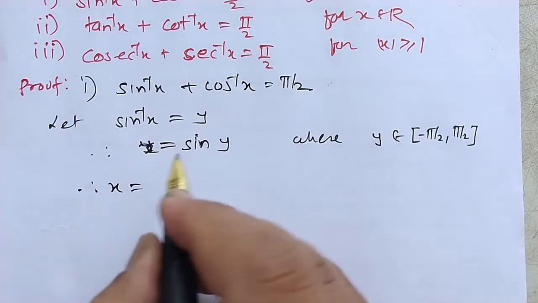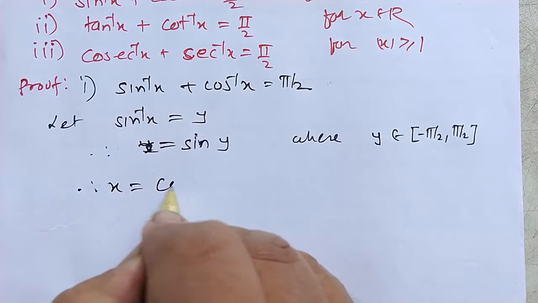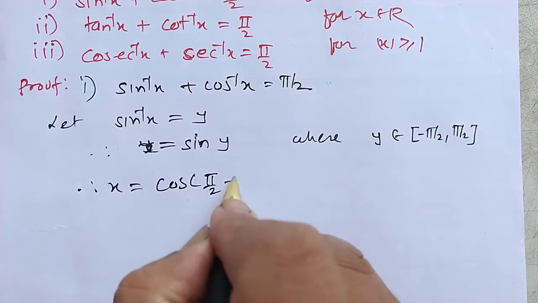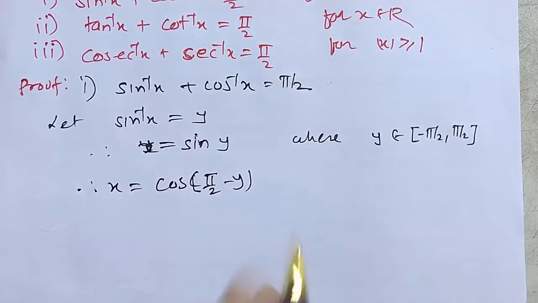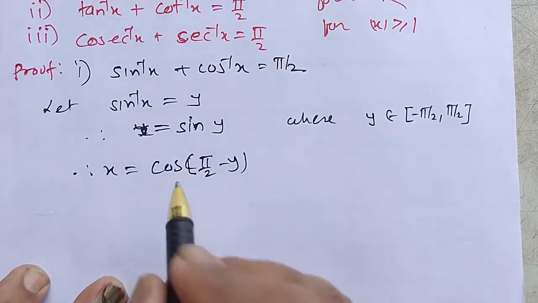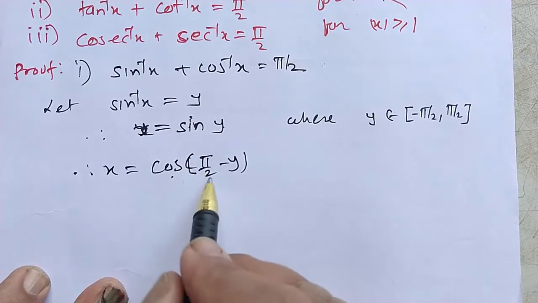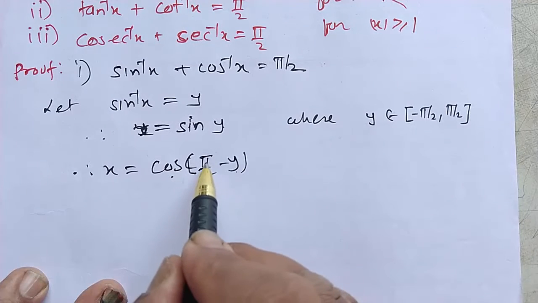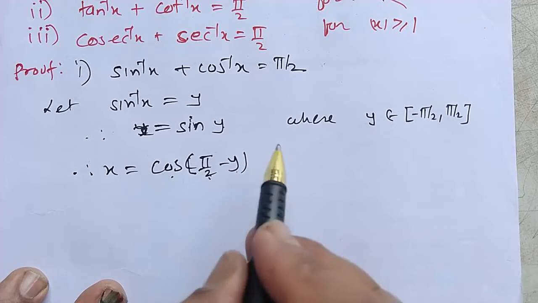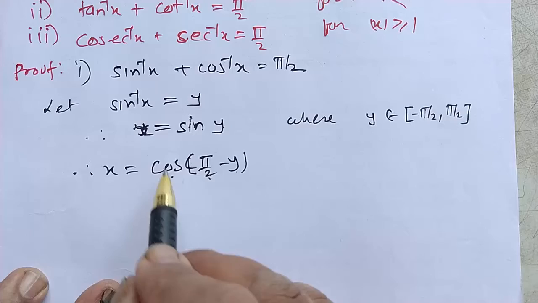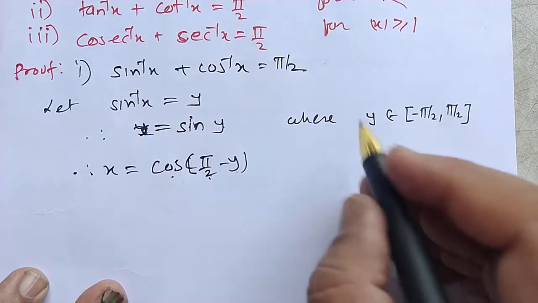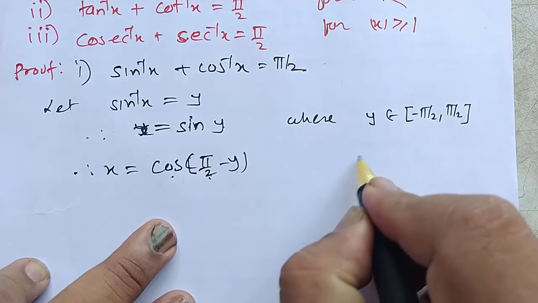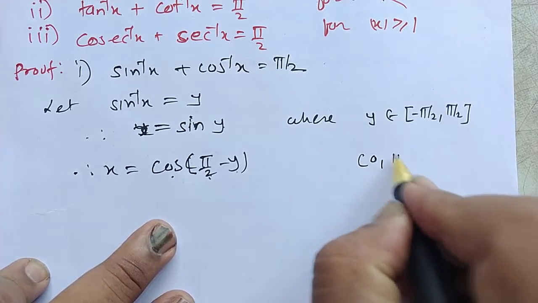Therefore, by allied angle formula, sin y is equal to cos of pi by 2 minus y. Now, we will check whether pi by 2 minus y belongs to the principal value branch of the cos function. The principal value of cos inverse function is 0 to pi.